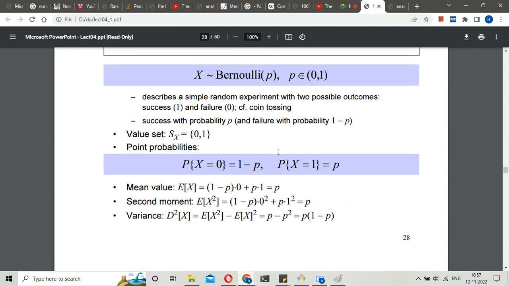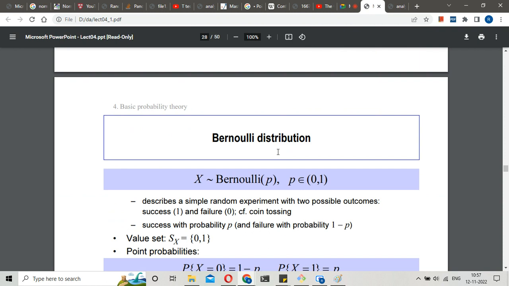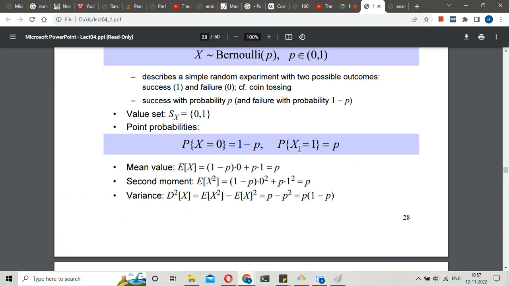Now we have these two distributions. Bernoulli, if you remember, is when there are only two possible outcomes. That type of experiment we call Bernoulli, where P is the probability of success and 1 minus P is the probability of failure.